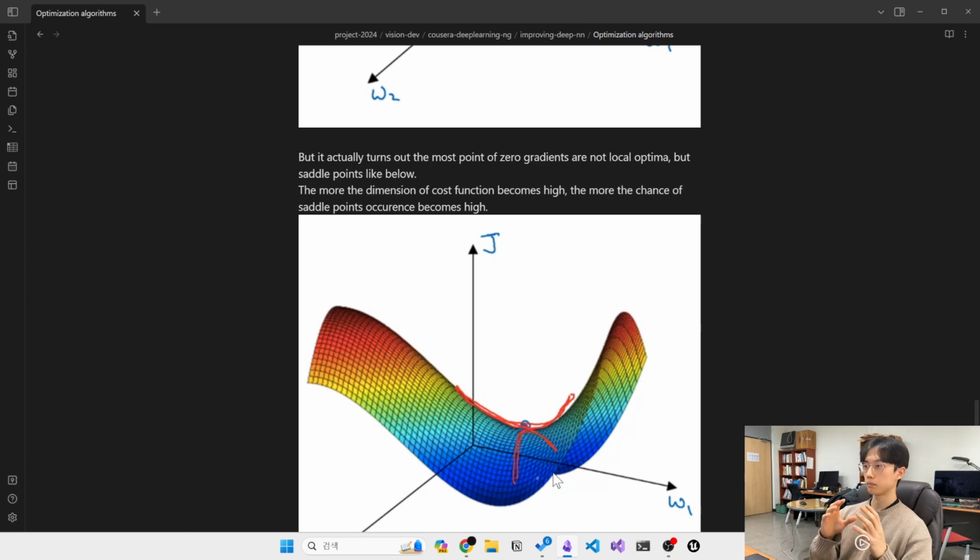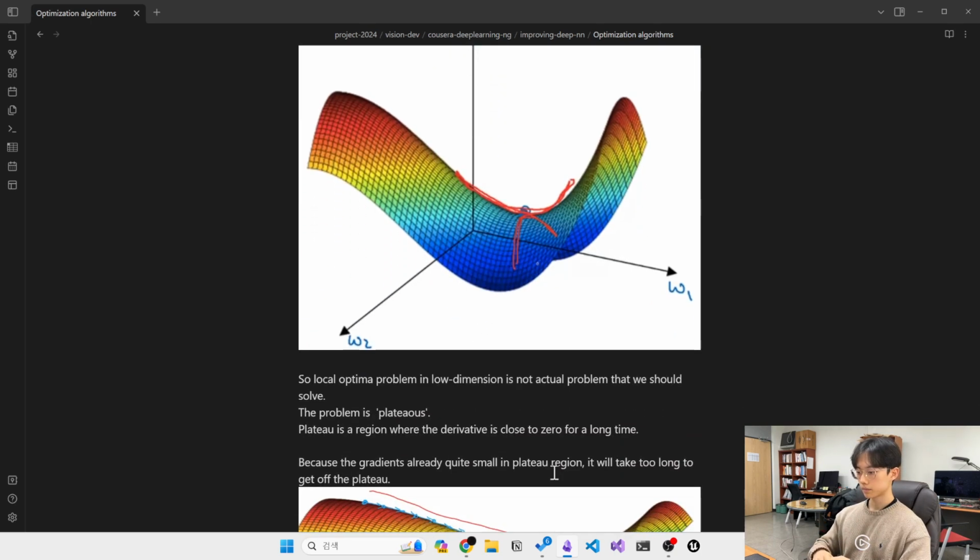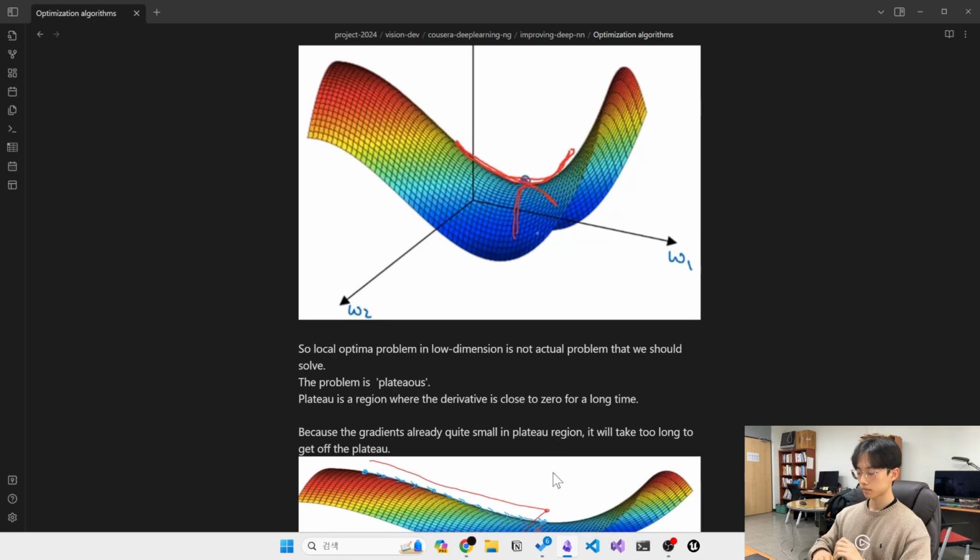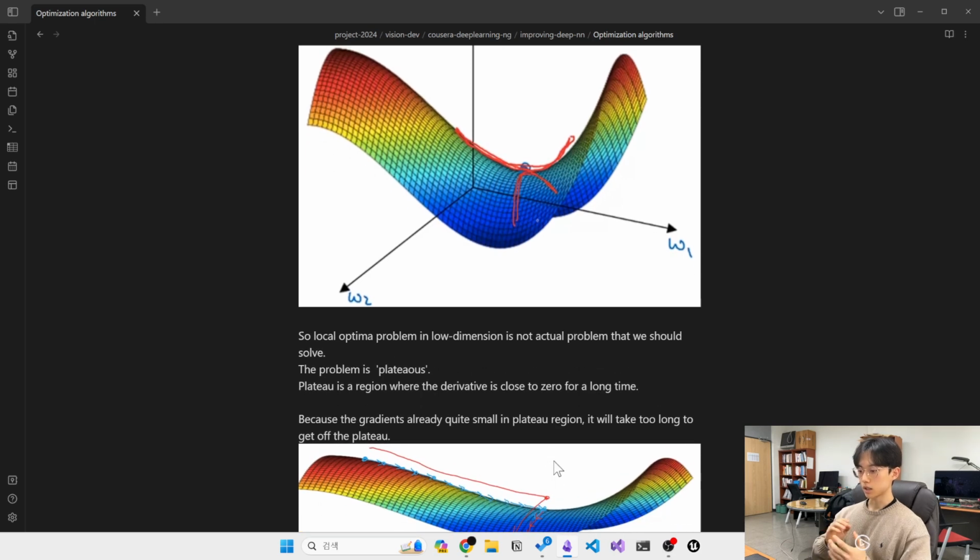Depending on the view direction from which we see these points, they can be seen like a global maximum or global minimum. So the actual problem is the plateaus, not the local optima problem.